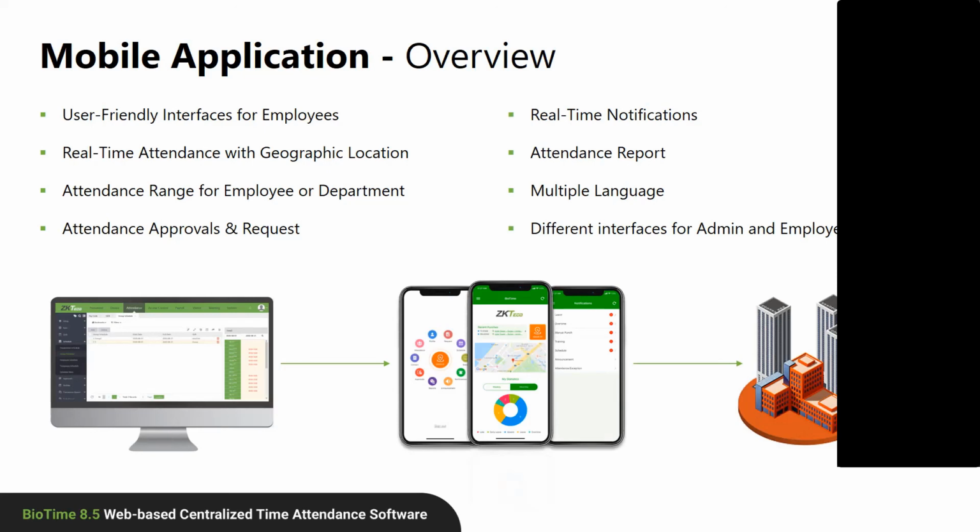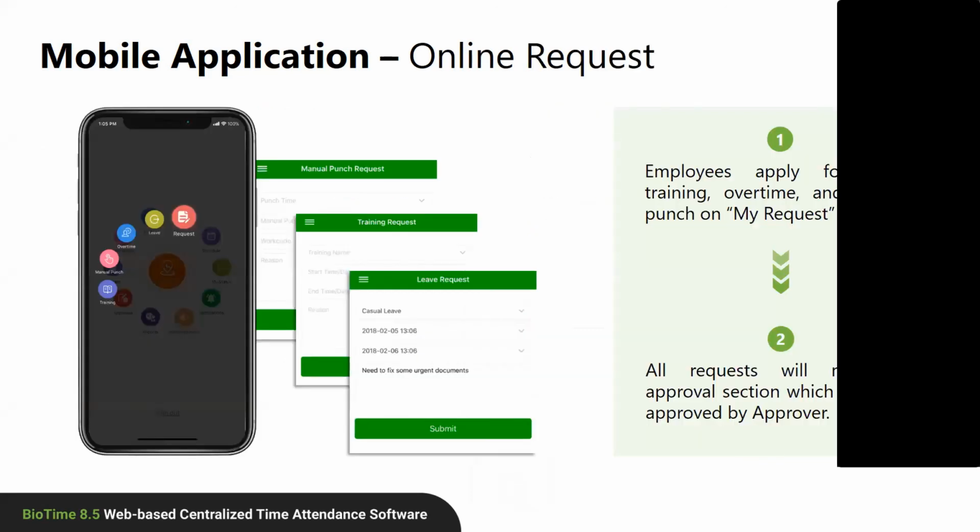In the employee login, the employee can view their attendance and request leave. This is the online request form from the employee login. You can see here requesting leave, overtime, manual punch, and training. Different types of requests can be sent.